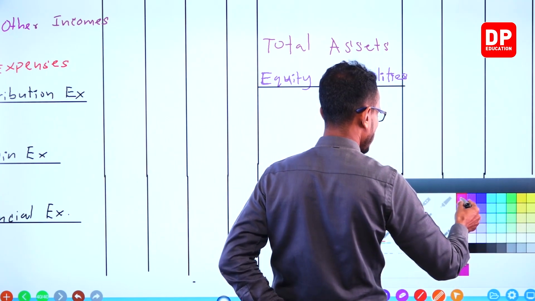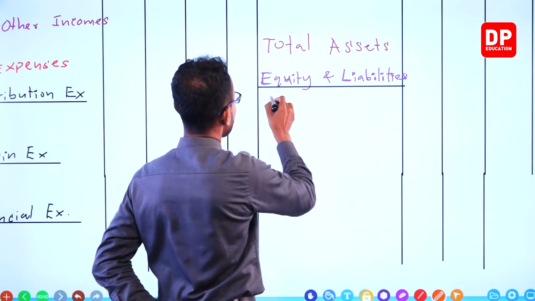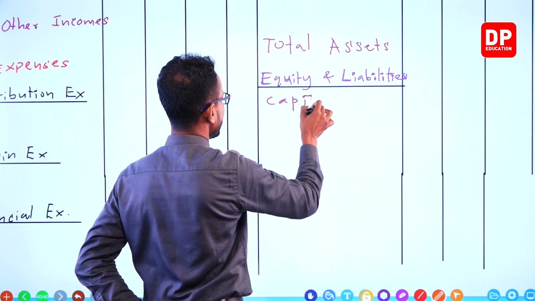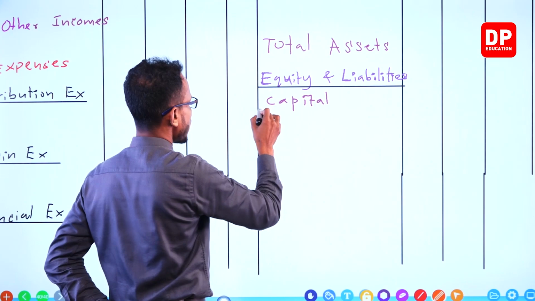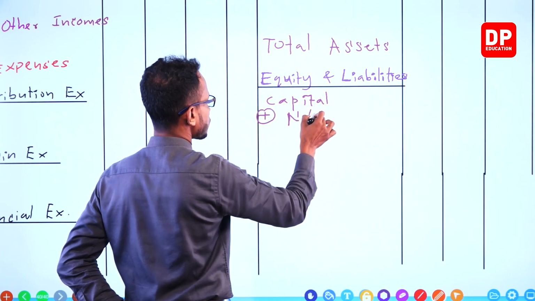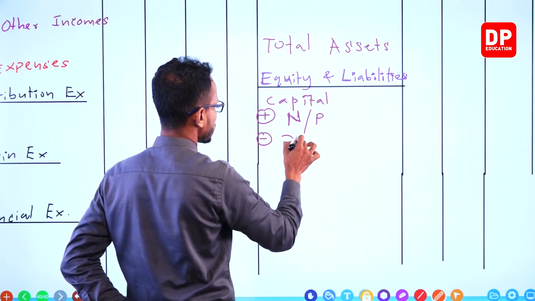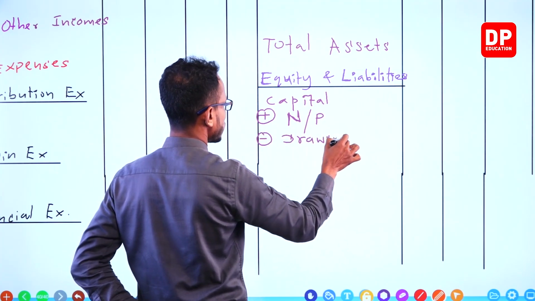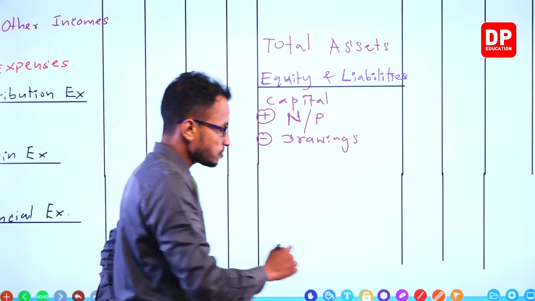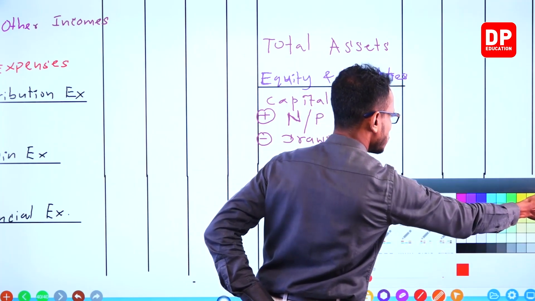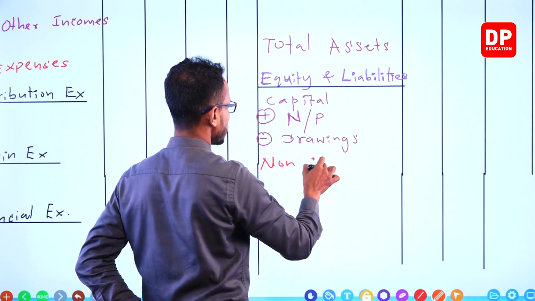Under the equity and liability section, first you must have capital, because it's equity and liabilities. To that, add net profit, and subtract drawings. This is the equity part: capital plus net profit minus drawings. Then the liabilities part: non-current liabilities, then current liabilities.